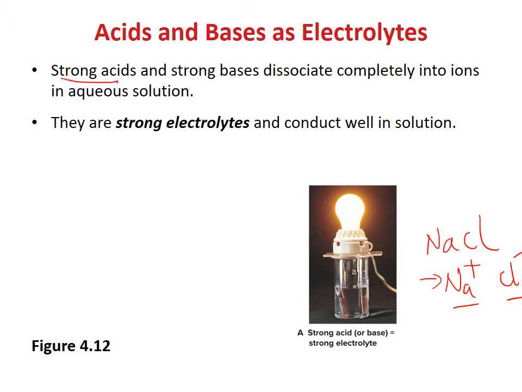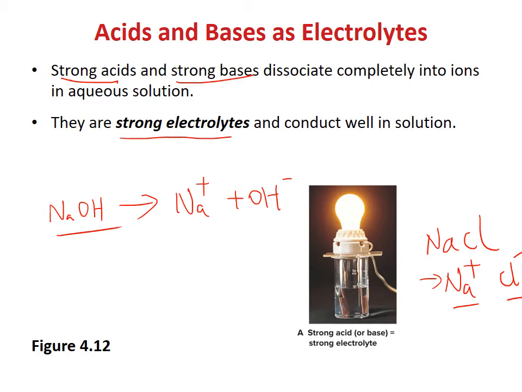Strong acids and strong bases also dissociate completely into ions, and therefore they are strong electrolytes. For example, sodium hydroxide completely dissociates into sodium ion and hydroxide ion, and therefore sodium hydroxide is a strong electrolyte.